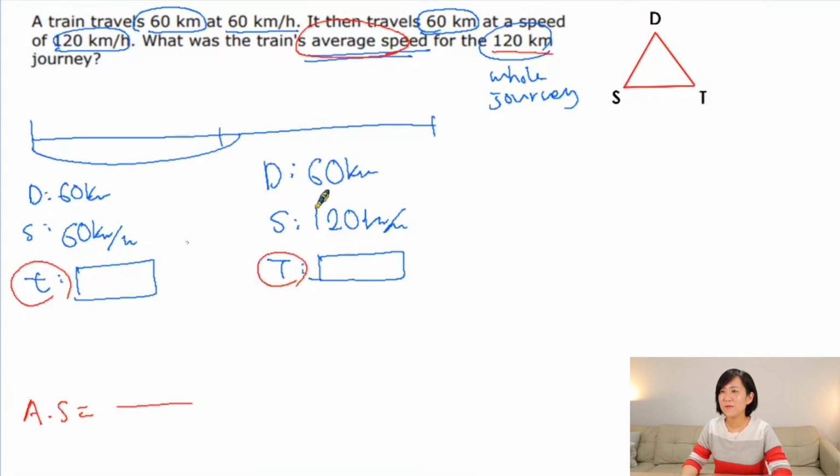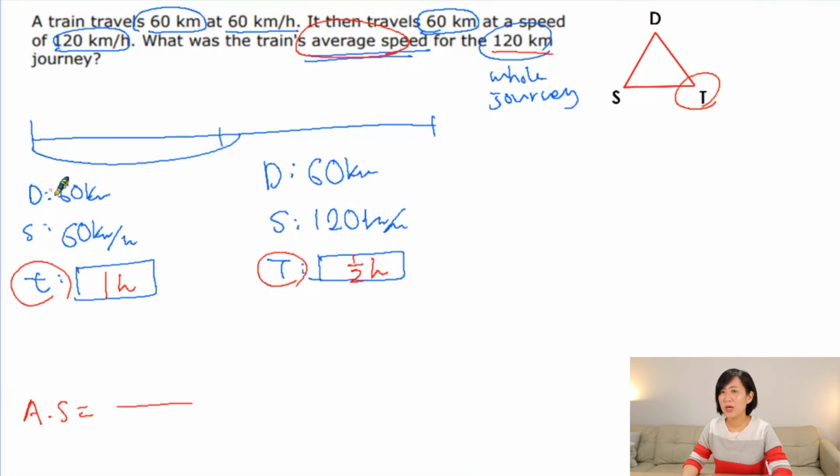But we've got a missing value, that is time. It's easy to find the time for the first journey because 60 kilometers per hour means it's 1 hour, right? Then for our second journey, distance divided by speed is 60 divided by 120. It's half an hour.